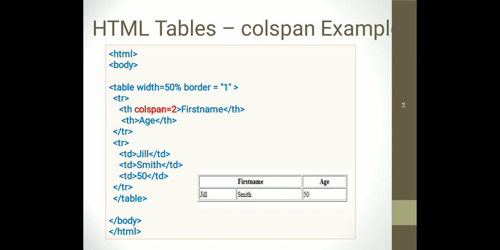Then how that colspan is used in an example, that also we have seen. Just we need to define colspan equals to 2, 3, whatever number you want to span with the columns or rowspan.